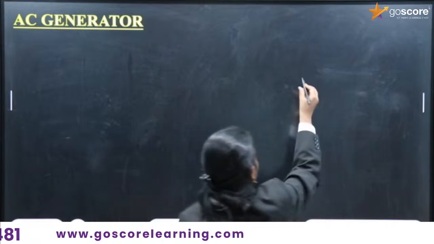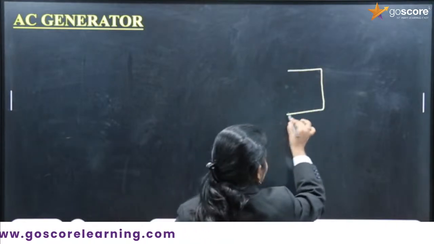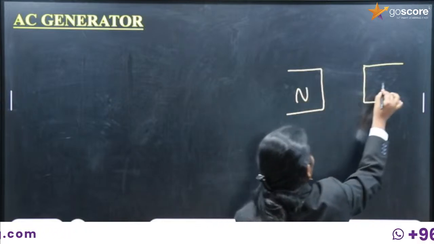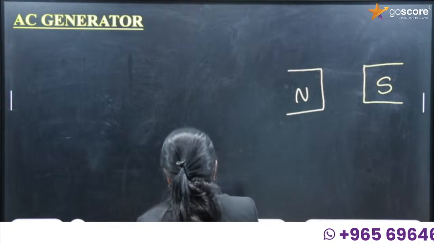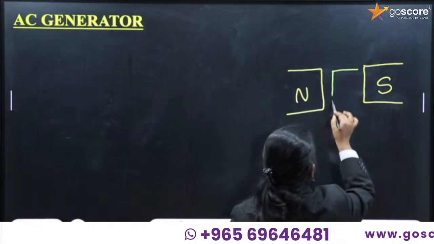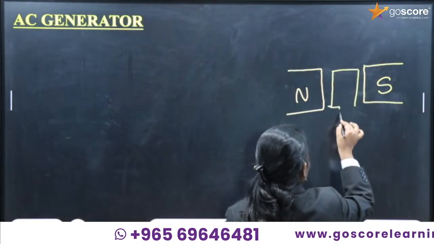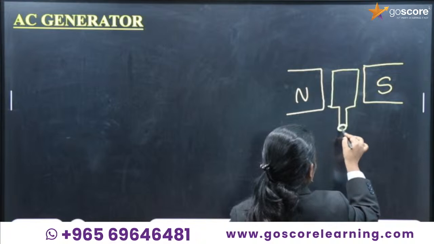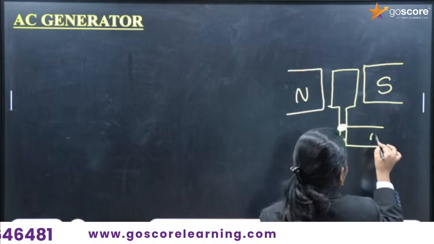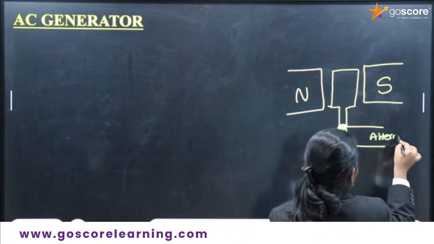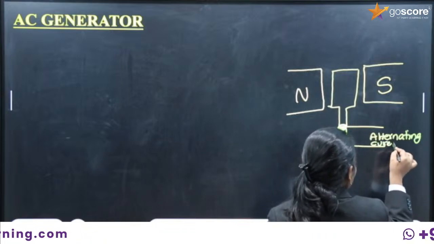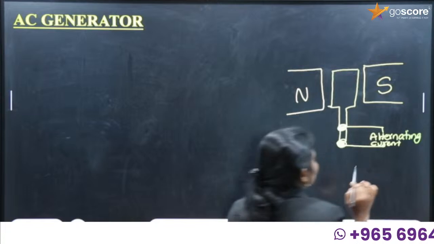Here, what is the diagram for an AC generator? I am considering the North Pole and South Pole, and in between them I am considering a coil.